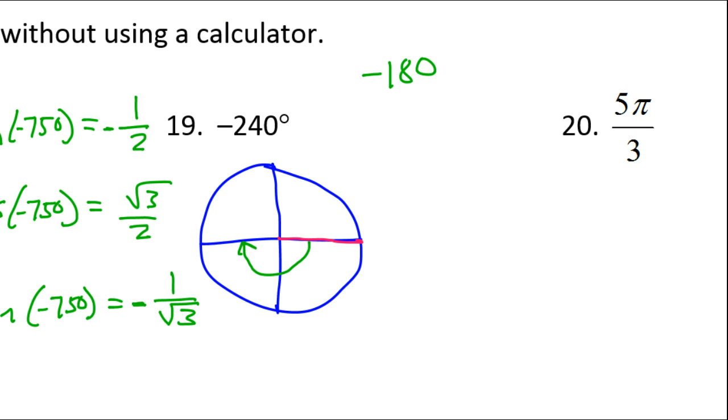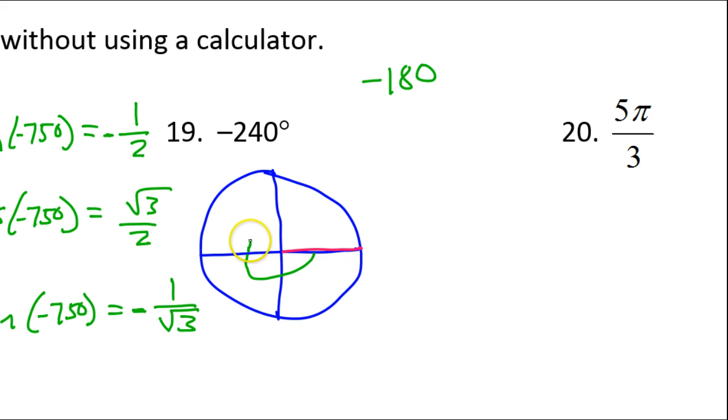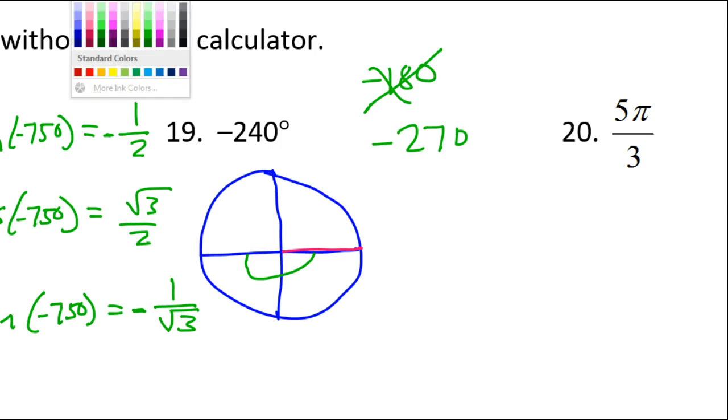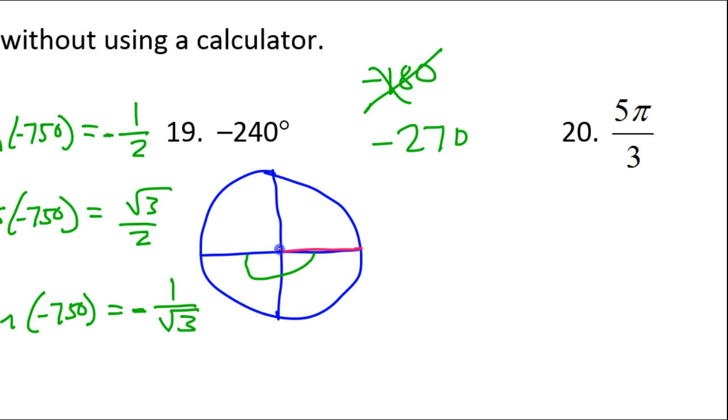I shouldn't have put the arrow on it yet. No arrows. Now if I went to here, that would make it negative 270 degrees. That would be too far, so I'm not going to go that far. So I know it's going to be somewhere in this quadrant, though.